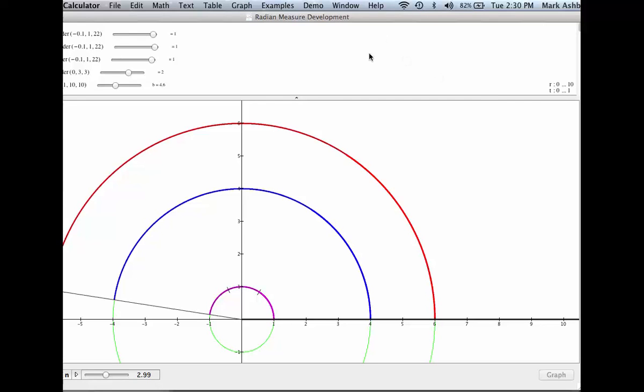So I want you to make a chart. And here's what's going to be in your chart. For the purple, for the blue, and for the red, I want you to write down what the radius is. And then the angle's openness in radians, which is denoted theta.